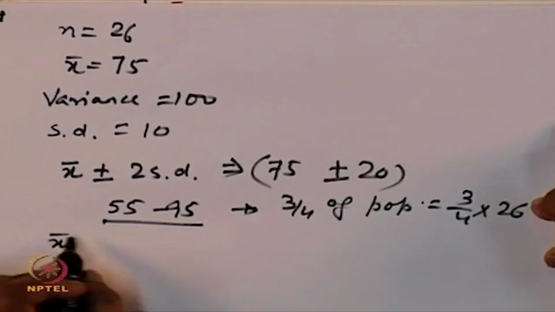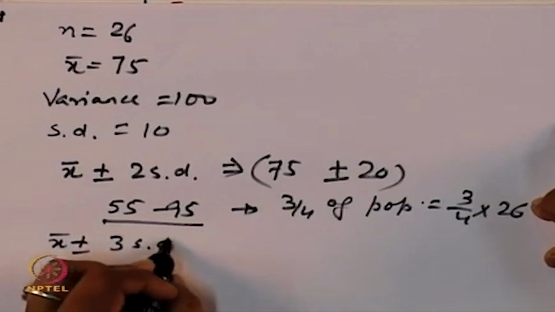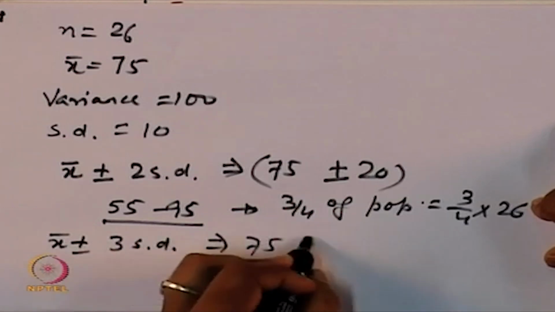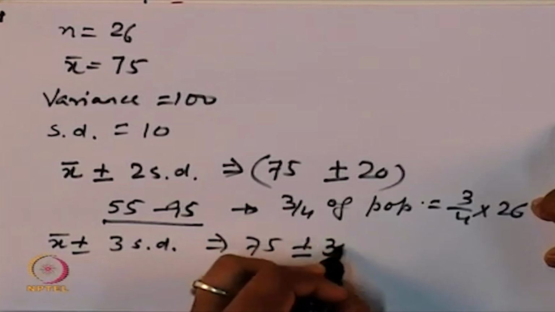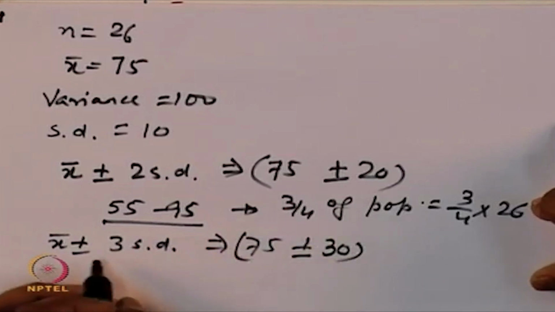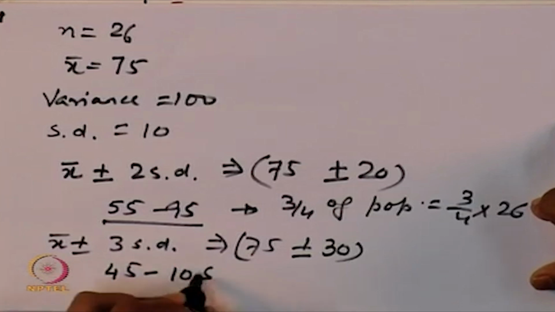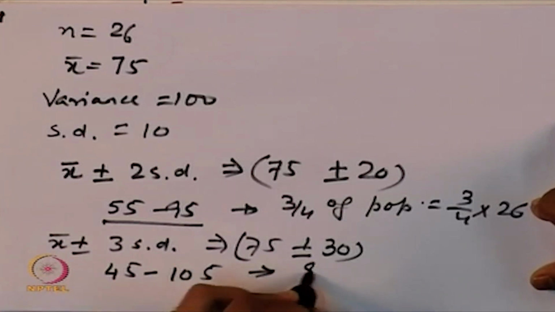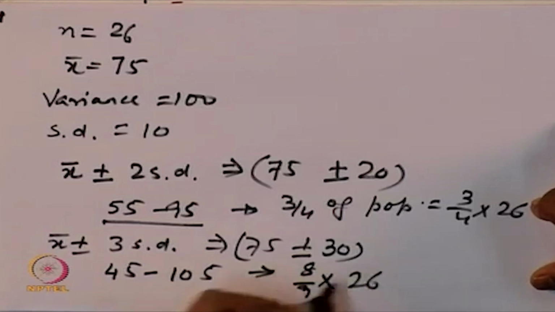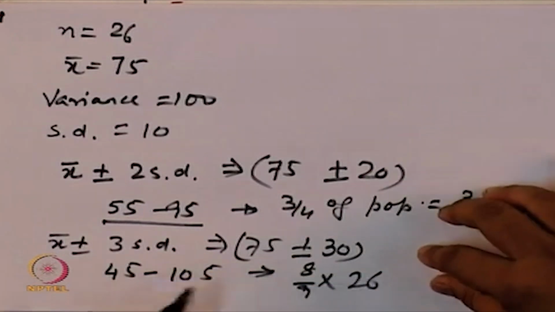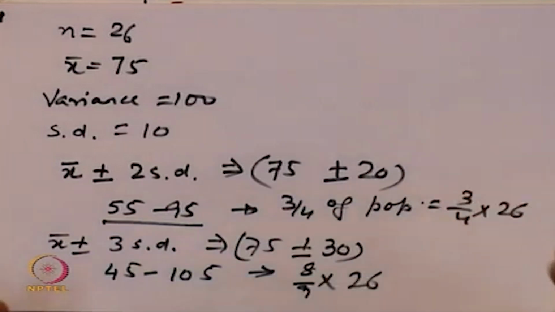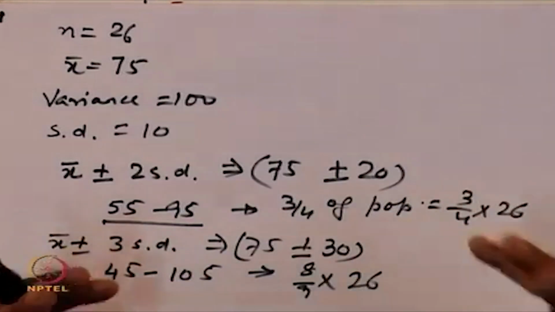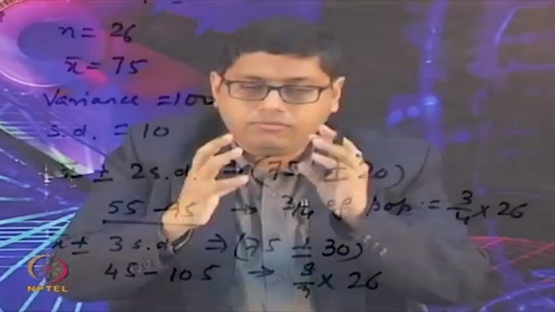Similarly, x bar plus minus 3 standard deviations would give me 75 plus minus 30. So, between 45 and 105, you will have 8 by 9 into 26 of the population lying within this range. This allows us to think of how much of the fraction of the population represents the bulk of the data.